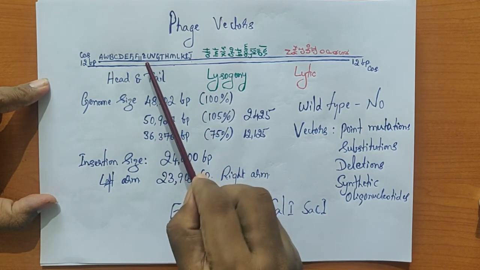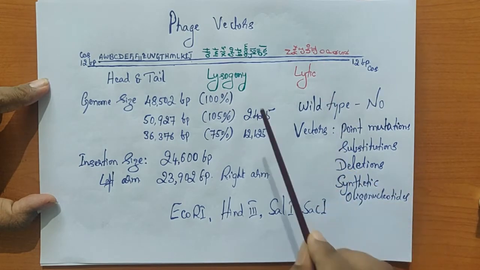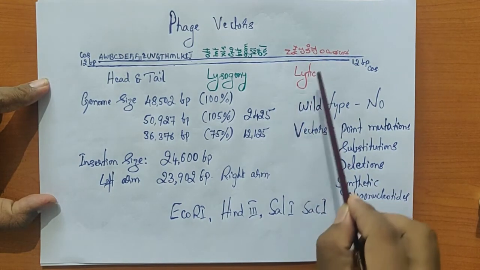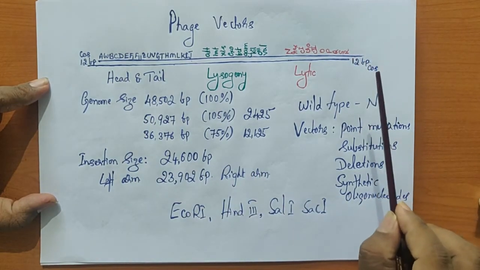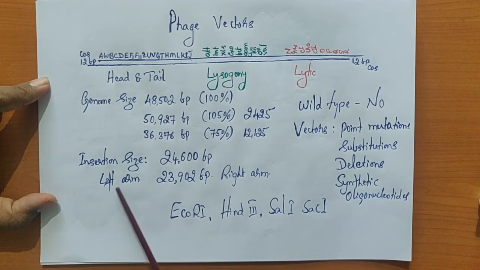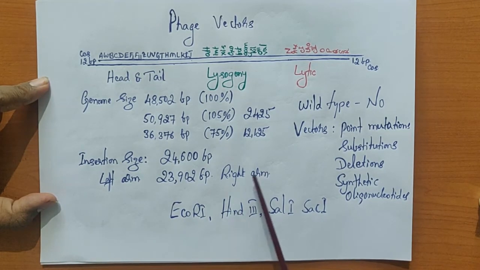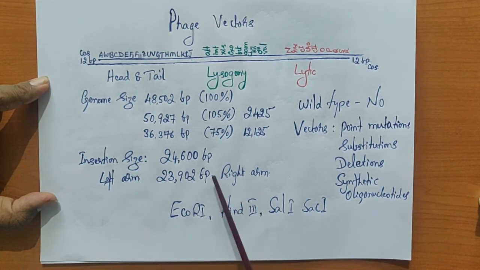The moment we remove this, we end up with a region which we call the left arm of the vector, and this particular region is called the right arm of the vector, because the 12 base pair cos site is very, very important for packaging. So we have a left arm and a right arm, and together they amount to 23,902 base pair or 23.9 kilobase.